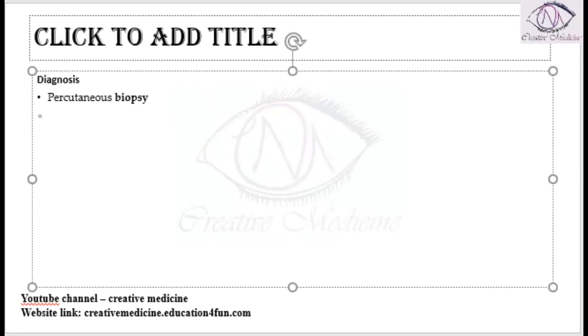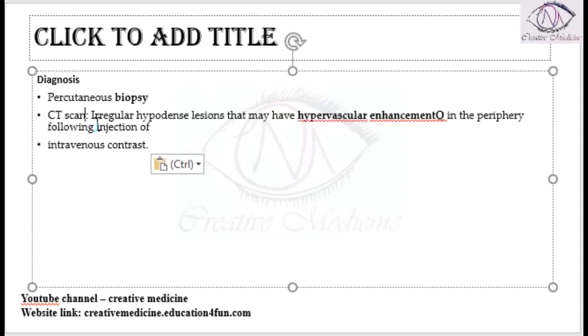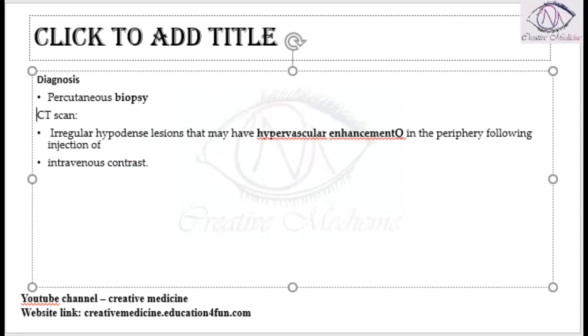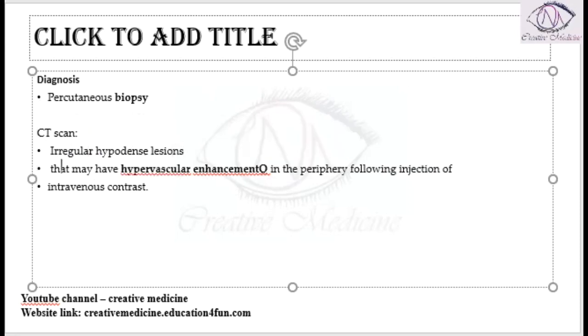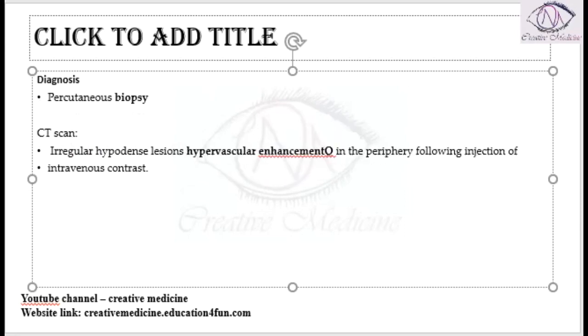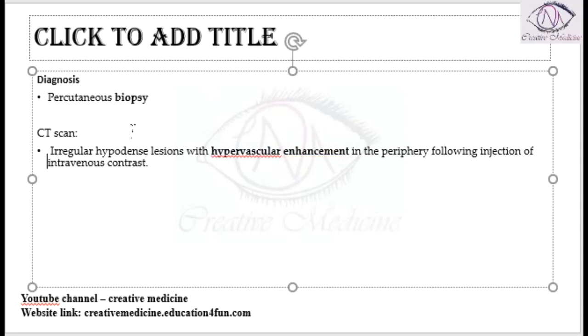On CT scan, irregular hypodense lesions are found with hypervascular enhancement in the periphery following the injection of IV contrast. So this is seen on CT scan.